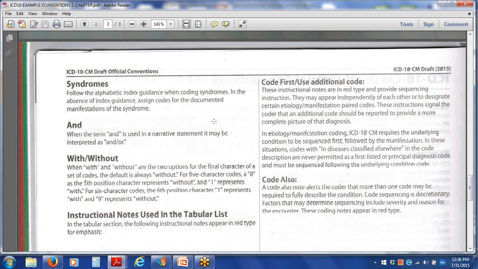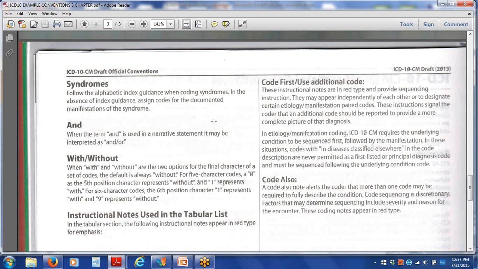These instructional notes will be found, at least in the AMA book, in red type and provide sequencing instruction.